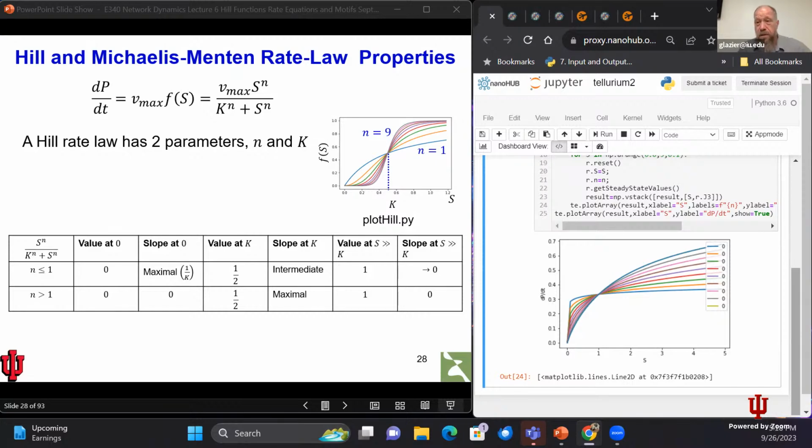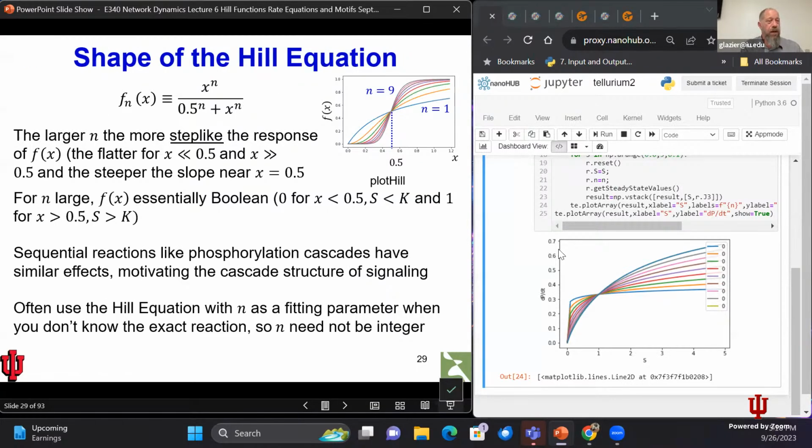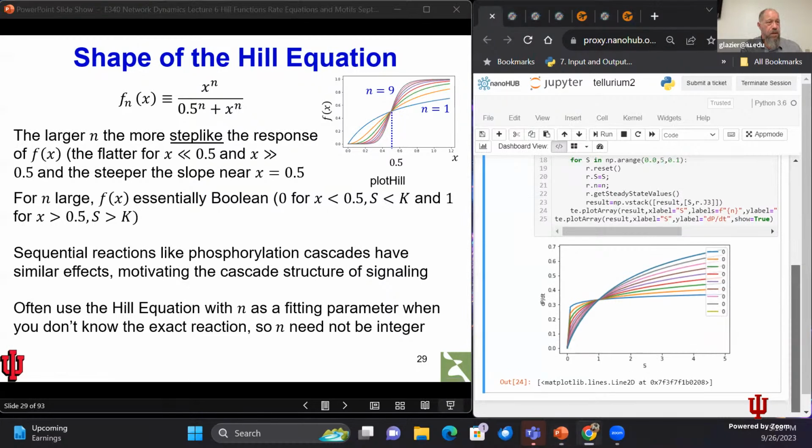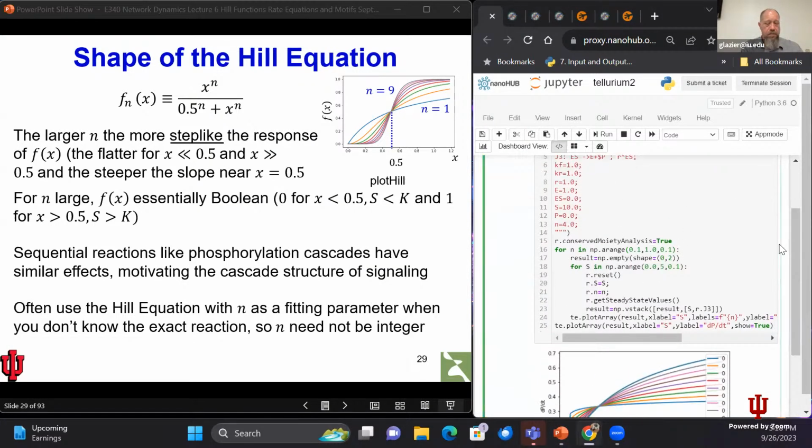Having n bigger than 1 is called cooperativity. Having an n less than 1, I don't think has a name. It's hard to imagine how you'd have the enzyme react with half a molecule of the target, but as a mathematical abstraction, it's okay. Let me put n back bigger than 1. It's a bit confusing to see.